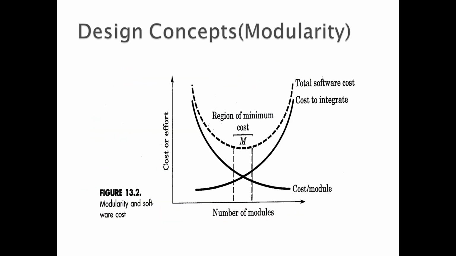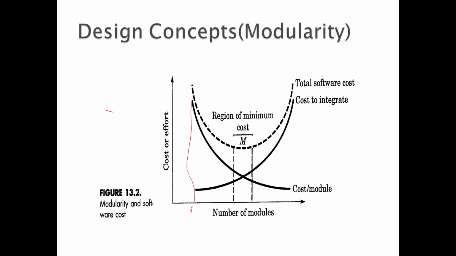So this is a diagram that explains the concept of modularity and software cost. It says that on the y-axis you have cost or effort, and on the x-axis you have the number of modules. If you see the diagram, the cost is the highest when the number of modules is less.